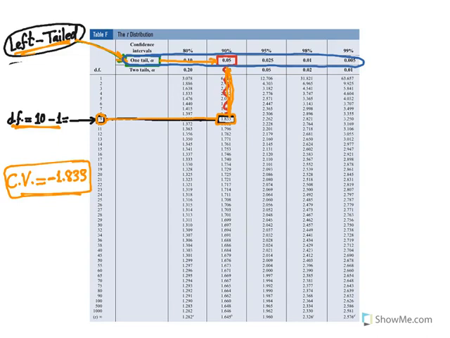Then find the degrees of freedom: just take the sample size minus 1. Sometimes they might even give you the degrees of freedom immediately, so you just use those. But if the sample size n is given, subtract 1 from it, find the number under the degrees of freedom, and look at the intersection of the alpha and the degrees of freedom. That becomes your t critical value. You only have to pay attention that when it's left-tailed, you take the negative of the number that you see in the table.